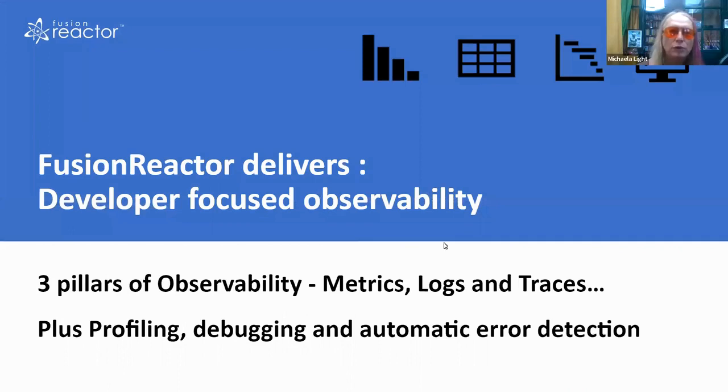Yeah, let's have a look at what's in FusionReactor then. So real quick, what does FusionReactor deliver? Basically, it's developer-focused observability. FusionReactor is very much a developer or DevOps-focused tool. We combine these three pillars of observability, so metrics, logs, and traces, together with very detailed profiling, debugging, and automatic error detection.